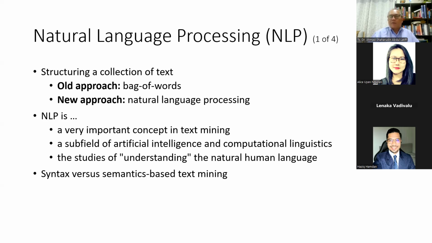documents, words or information from documents. Natural language processing is a subfield of AI, artificial intelligence. Artificial intelligence is about mimicking how humans think. Humans do inductive, deductive, and abductive reasoning.